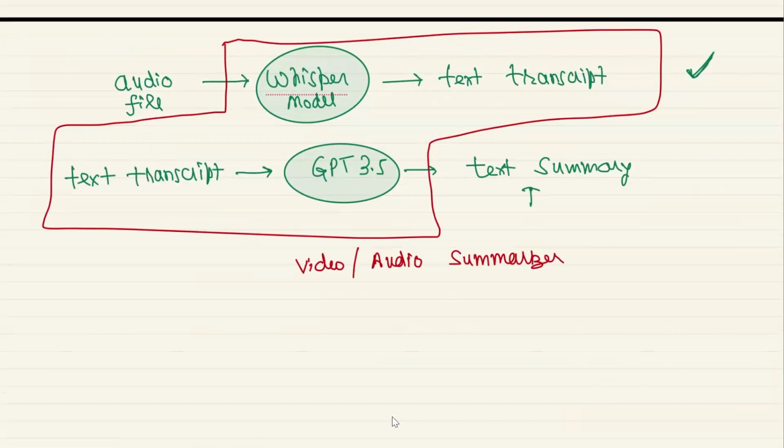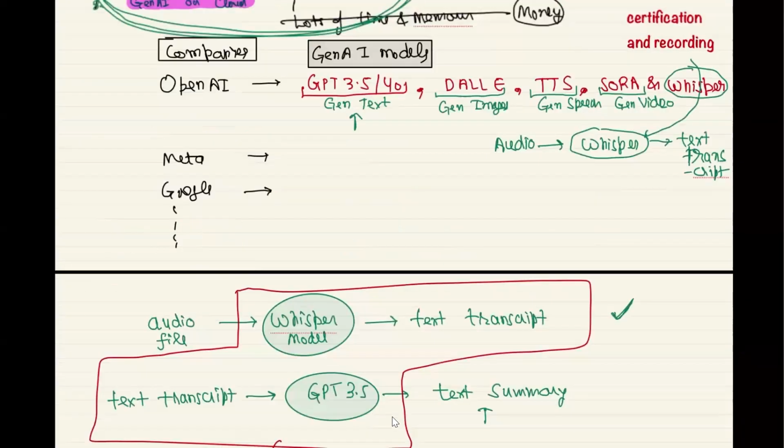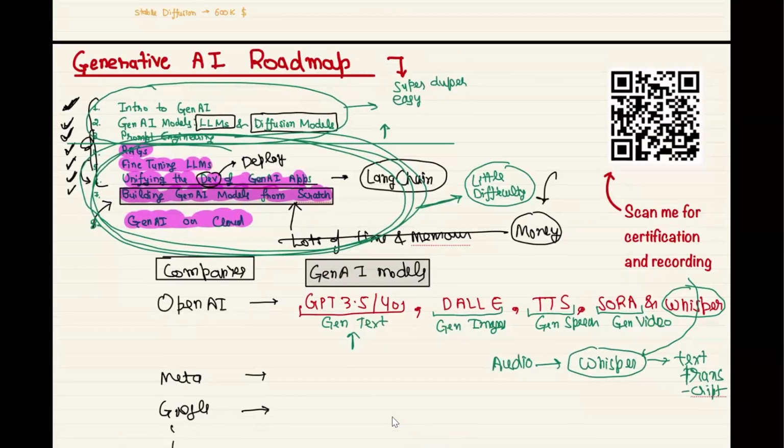And is it useful or not? What do you think about that? Is it a useful application? Definitely useful, right? Just think about it in this way. You must be maybe a college graduate, with lots of lectures on your online portals like LMS.